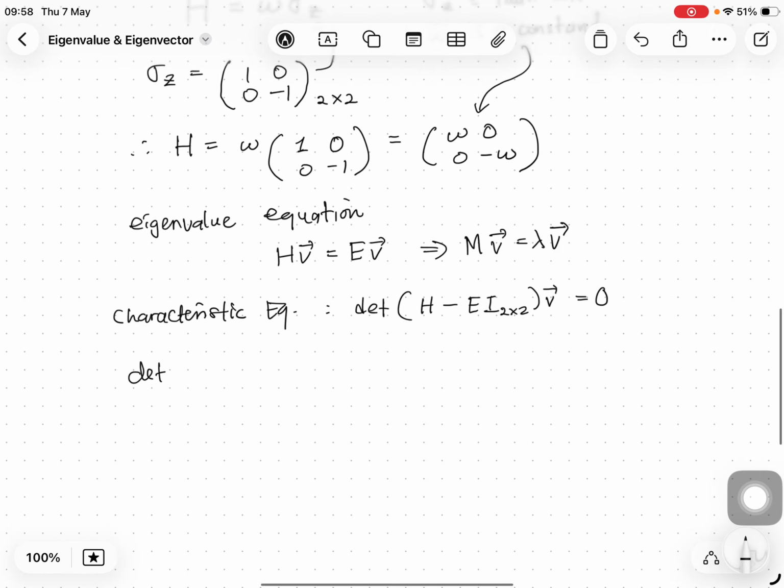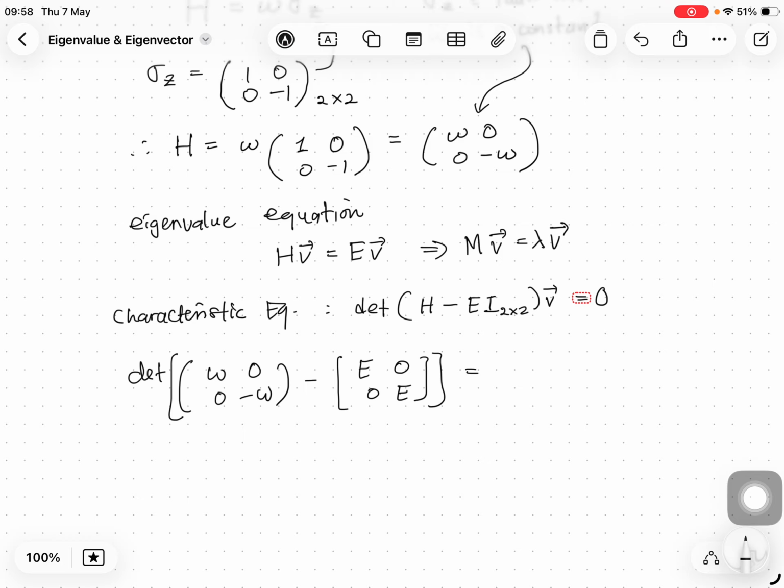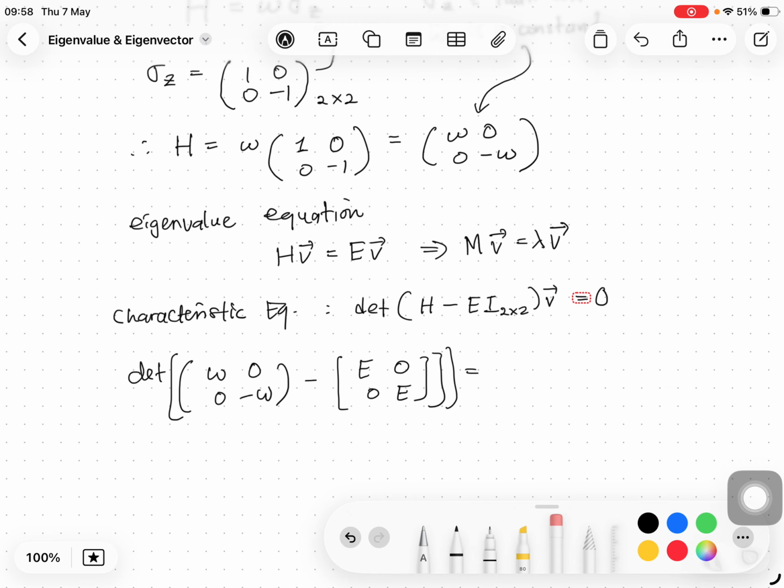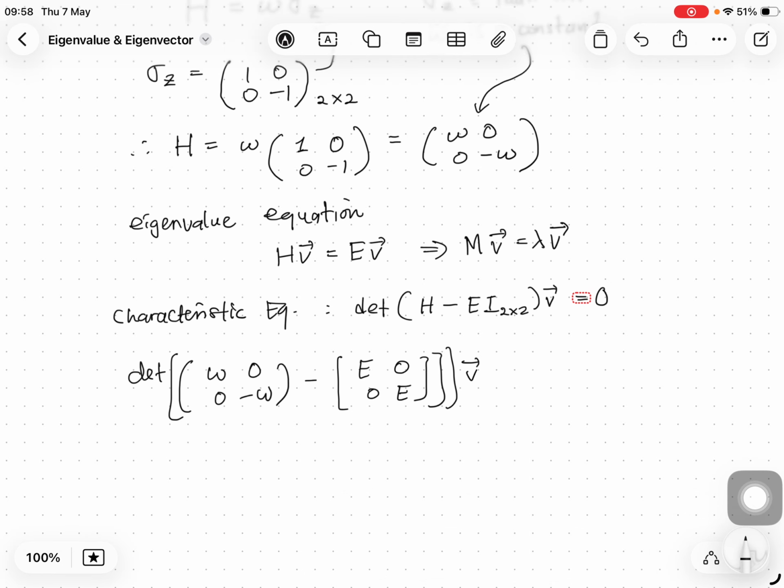Then we proceed. You have omega, 0, 0, minus omega, minus E, 0, 0, E, equals 0.